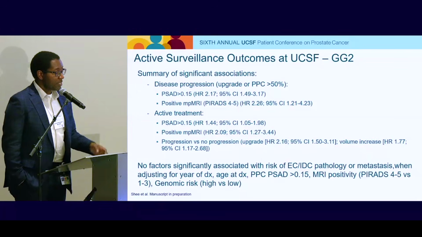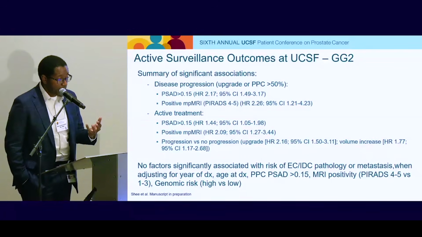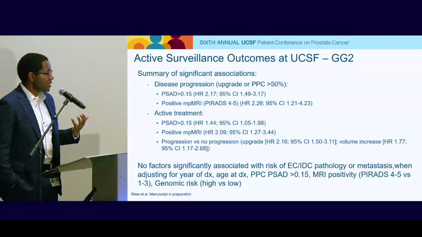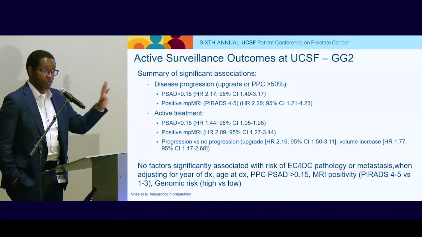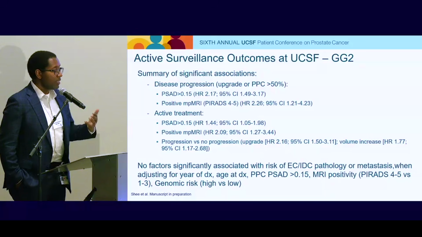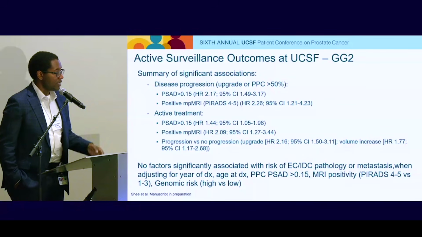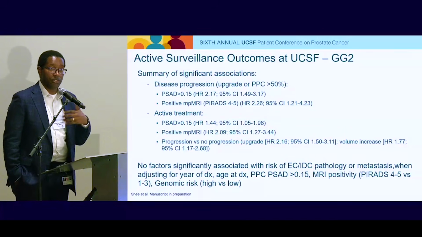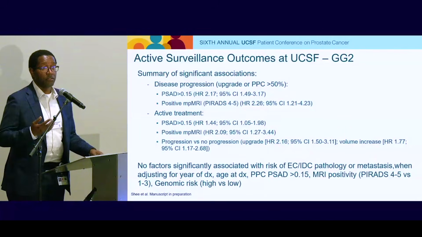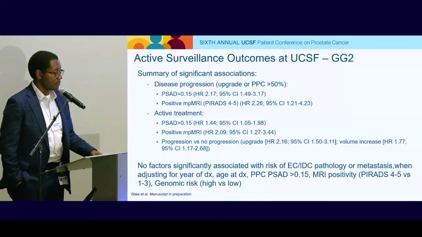Big picture, what we see when we look at this specific subgroup of patients is a risk of disease progression for those who have a higher PSA density, one of those factors we talked about early on in terms of things to consider for active surveillance, MRI findings, as well as progression on biopsy as being factors really associated with, again, transitioning from active surveillance to definitive treatment with one of those options I discussed before.